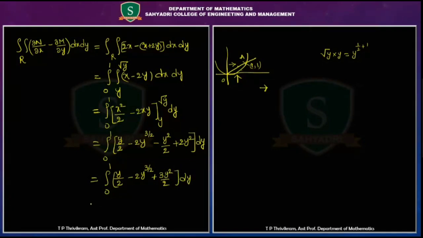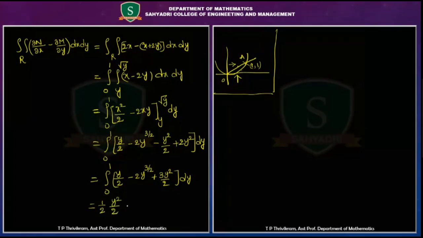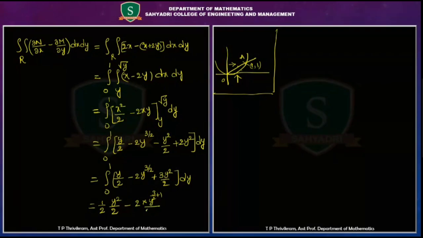Okay. Now we can perform integration for this. Let us perform integration for this. So how much you'll get? We'll check. So here 1 by 2 integration of y is y square by 2 minus 2 into y power 3 by 2 plus 1 by 3 by 2 plus 1.